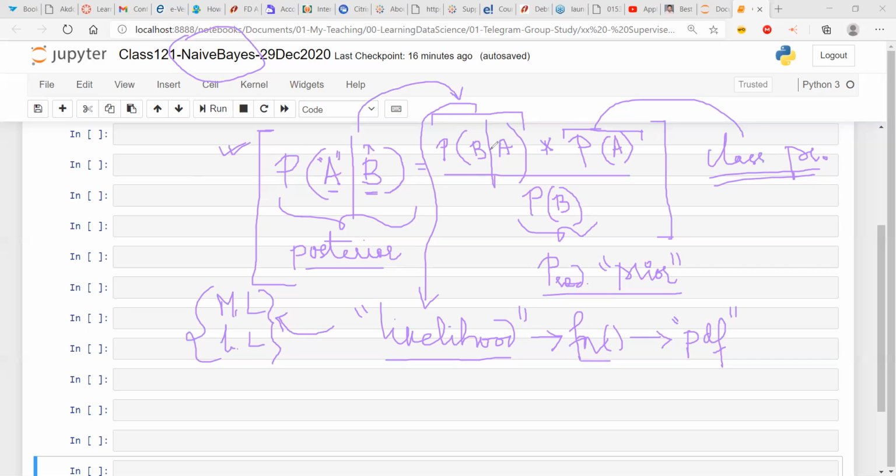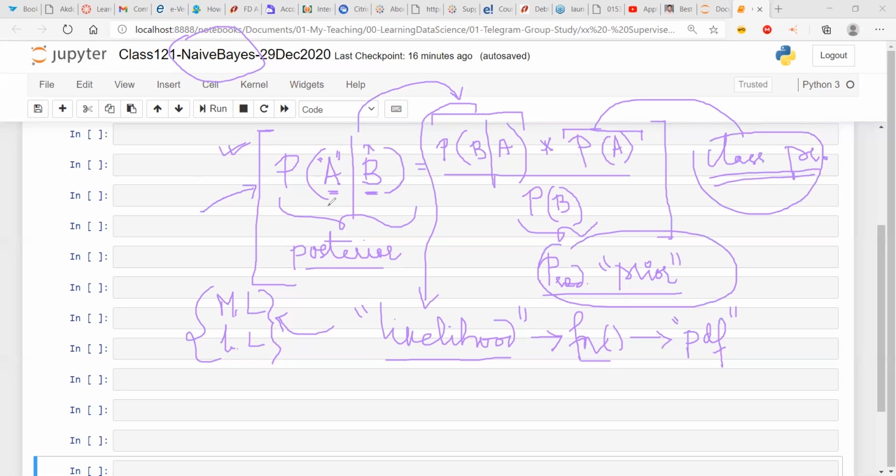Now, why we are trying to find the likelihood is because Bayes' theorem states that any conditional probability statement, when the outcome is dependent probabilistically on some features, can be modeled as likelihood multiplied by class prior, and the entire outcome can be divided by the predictor prior.